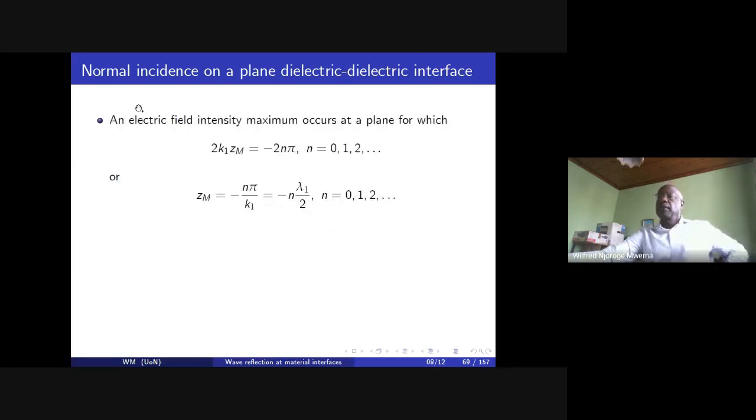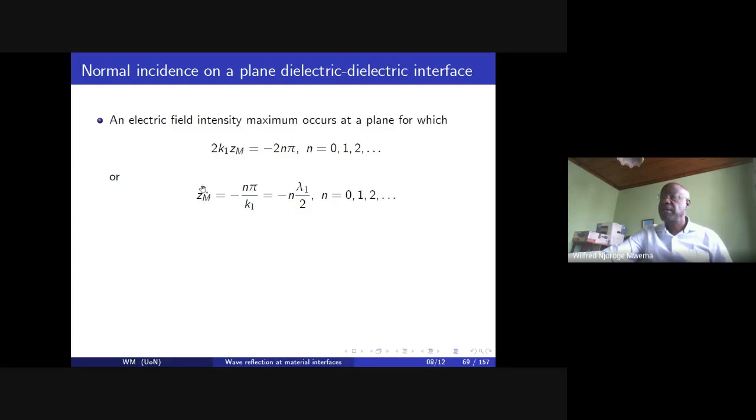Okay. So an electric field intensity maximum will then occur at a plane for which 2k1zm is equal to minus 2n pi, because theta gamma is equal to 0, therefore it doesn't appear there. We'll see that in this particular case, the maximum value will be at the interface, and then the rest will follow away at planes that satisfy that equation.